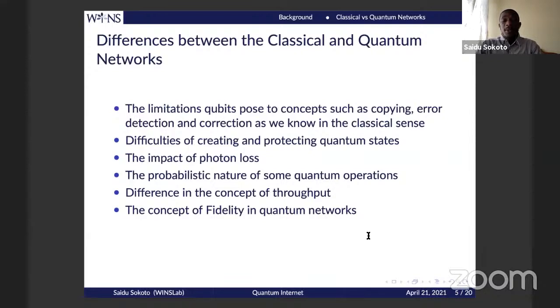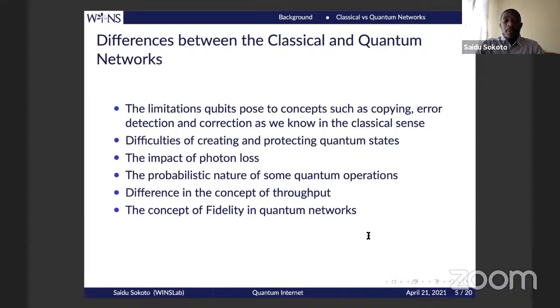Quantum operations are also highly probabilistic in nature. We have entanglement, which is also a probabilistic thing. So the aim in quantum networking is to increase the probability of a desired state as much as possible, while decreasing the probability of an undesired state.